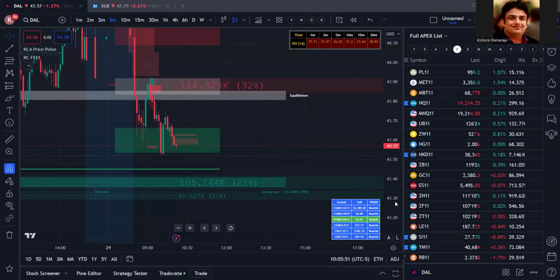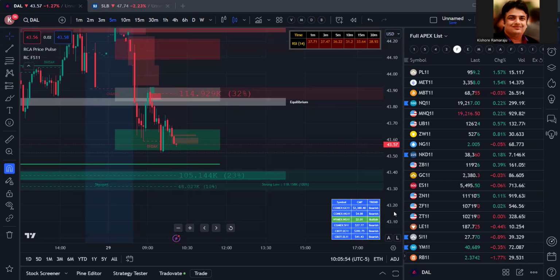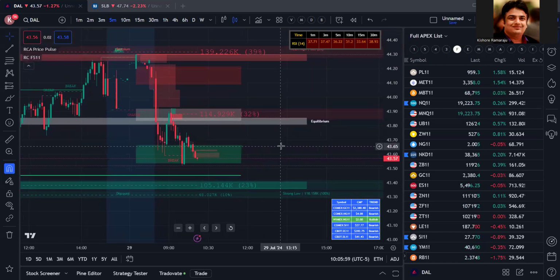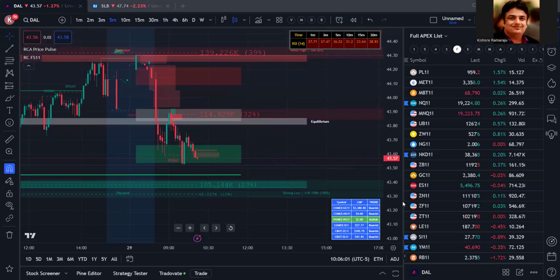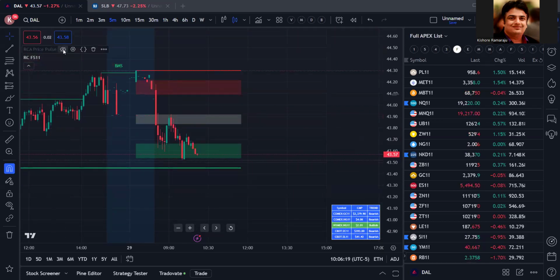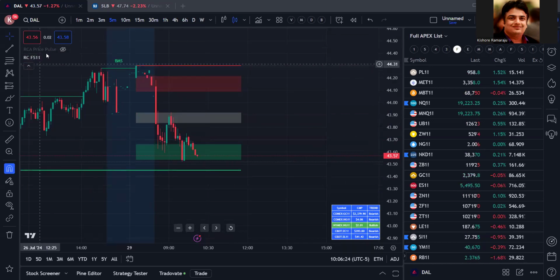So for Delta Airlines, the indicator is telling that it may start moving up very soon. So what do you think for Delta Airlines? It came all the way down. If you want to see without price pulse, you can just hide the price pulse.